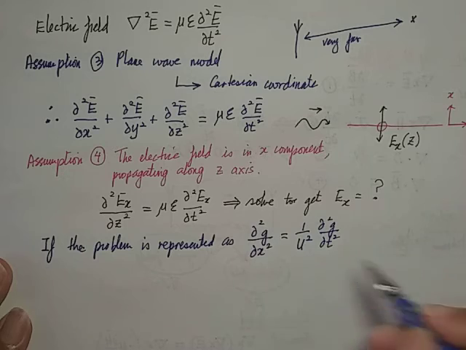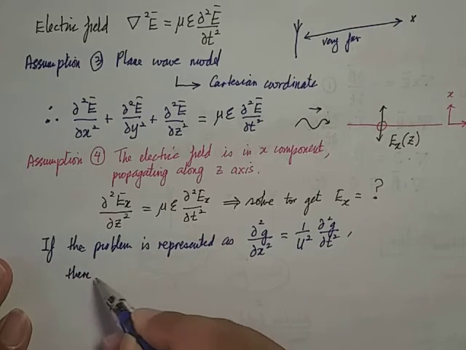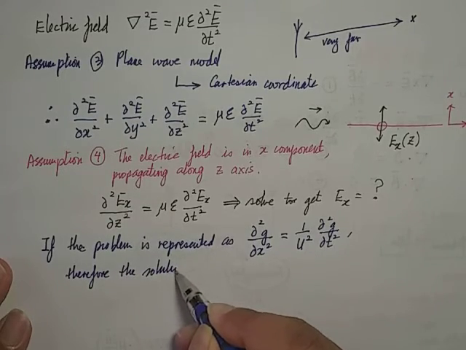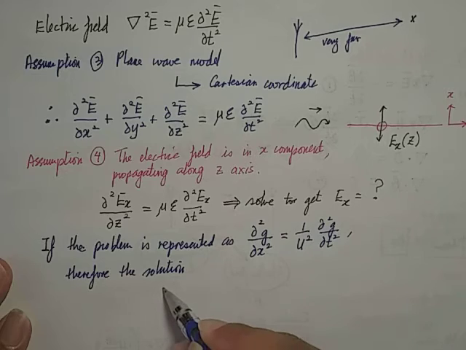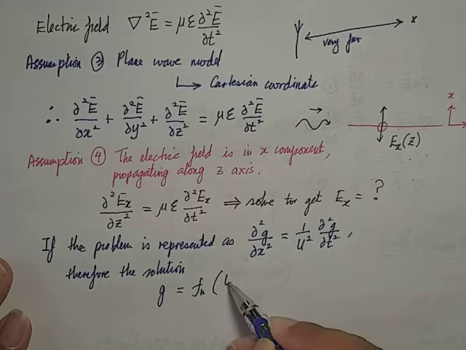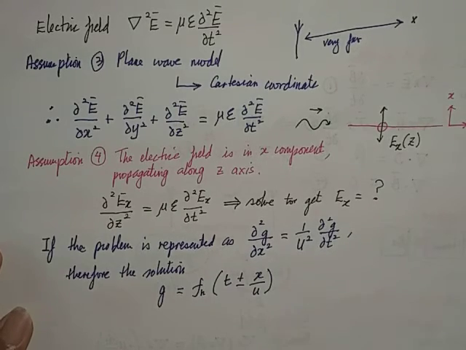Therefore the solution, in my case, is g equal to a function of t plus or minus x over u. Now you can see you can use this argument logically. So that's what I'm going to use in my solution, the way I'm going to solve this problem.